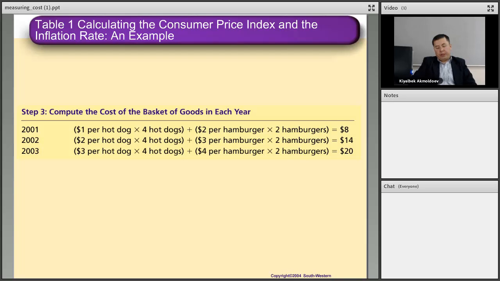The first year's index should always be 100. What does it mean? The cost of the basket in the current year is 8, the cost of the basket in the base year is also 8, multiplied by 100. 8 will cancel this 8 and it will be 100 in 2001.